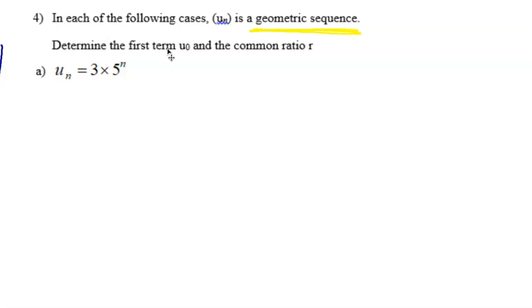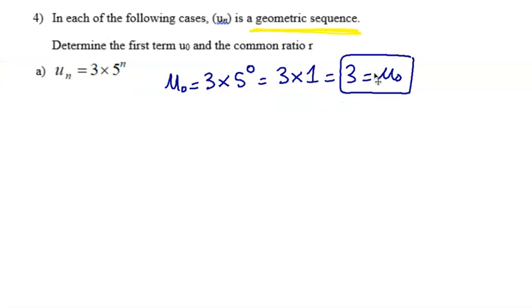Simply, to determine the first term u0, I give the value 0 to n. So u0 is equal to 3 times 5 to the exponent 0, which is 3 times 1, and it's equal to 3.